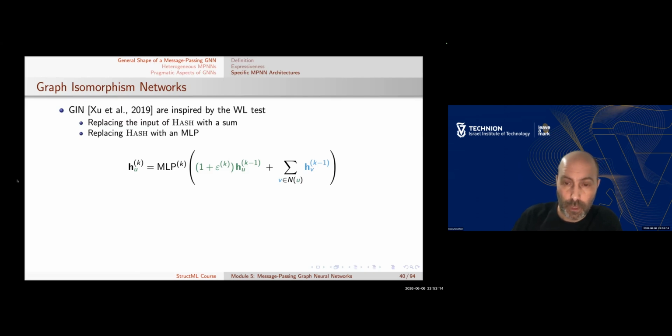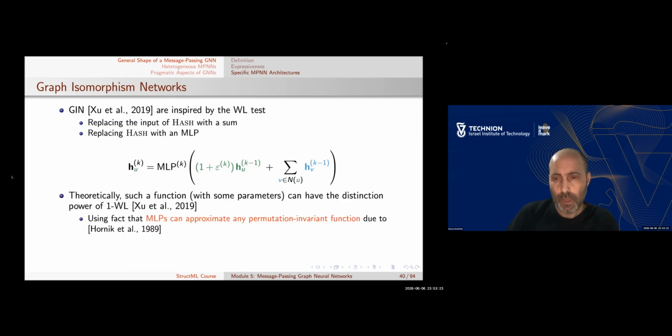Remember that in Weisfeiler-Lehman we have the color of U, comma, the bag of the colors of the neighbors. Now this is motivated by some theory showing that such a function with the MLP over this sum can actually have the separation power of 1-WL.